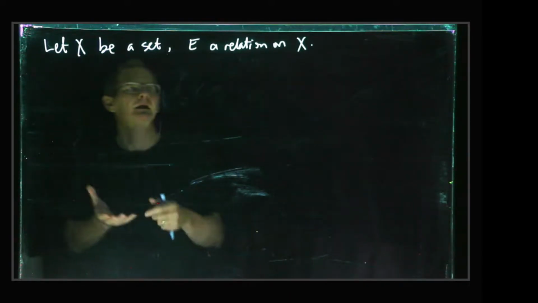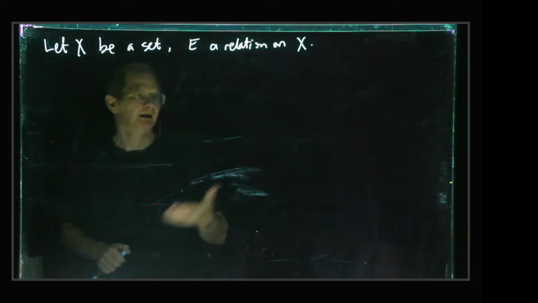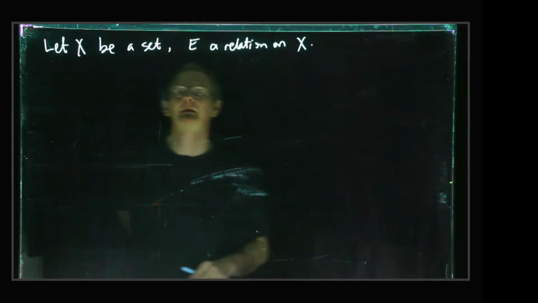So xEy could mean x is less than or equal to y, or X could be the integers, and xEy could mean x is equal to y mod 10 or something like that.